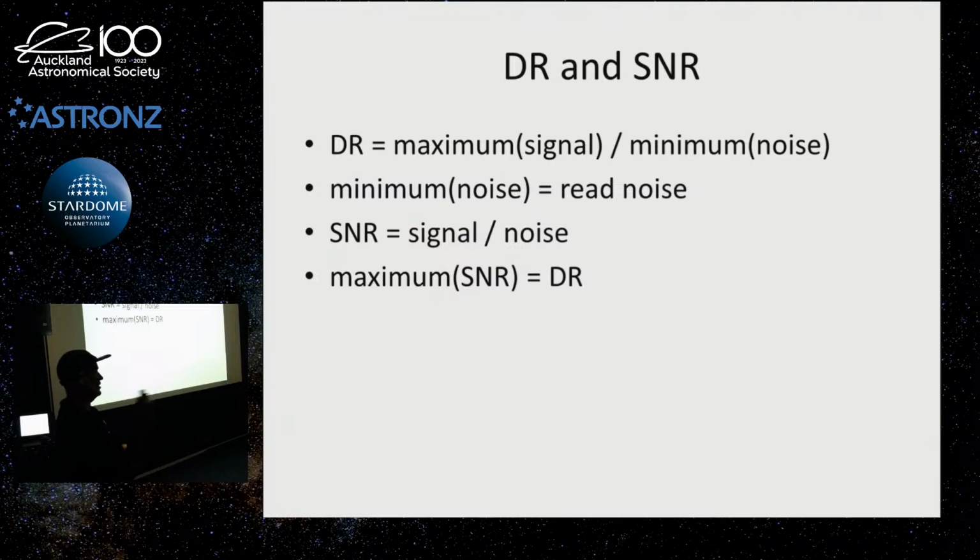Now, there's a relationship between dynamic range and signal to noise ratio. Dynamic range is the maximum signal divided by the minimum noise. So the maximum signal is probably 2 to the power of 16 or 2 to the power of 14. And the minimum noise is the read noise of the camera. You can't get below that.